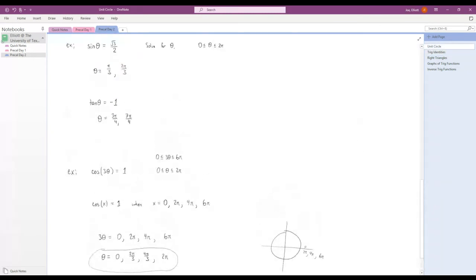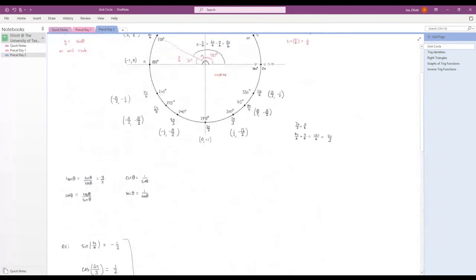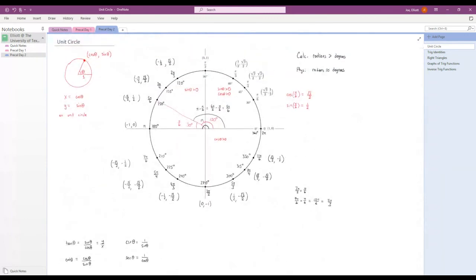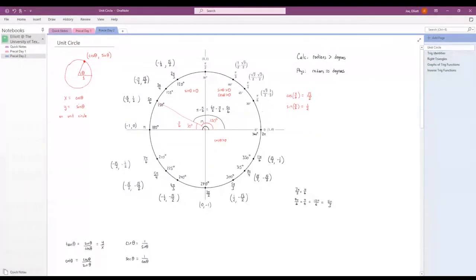So I'll briefly come back to the unit circle page. The connection was that the coordinates are the value of cosine and sine at a particular angle.